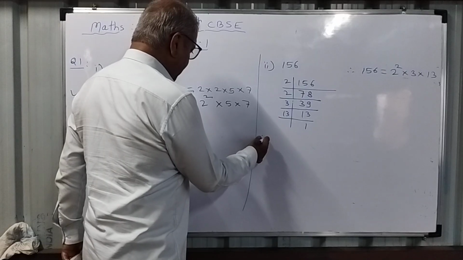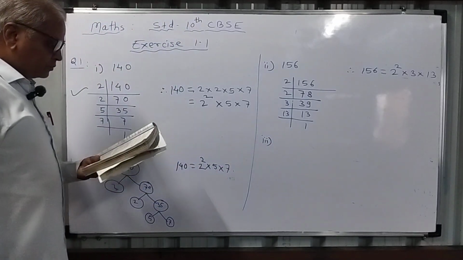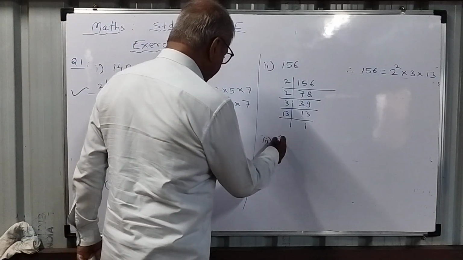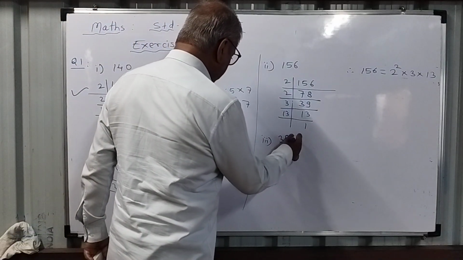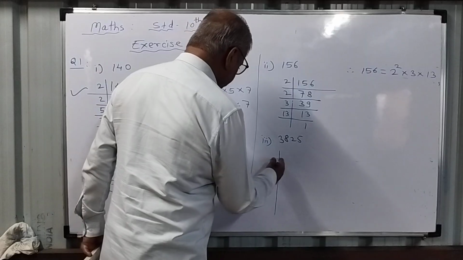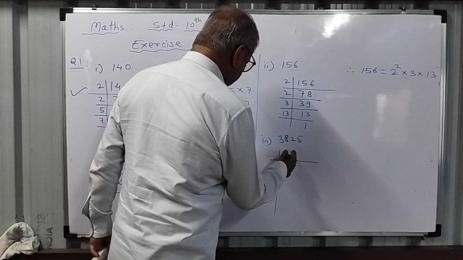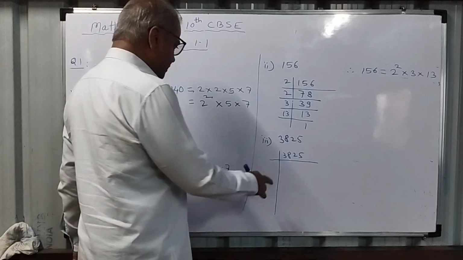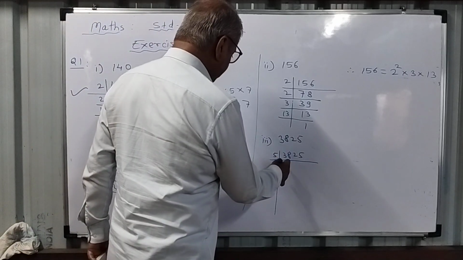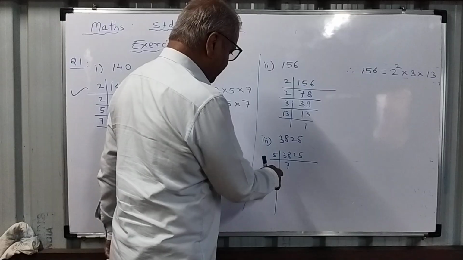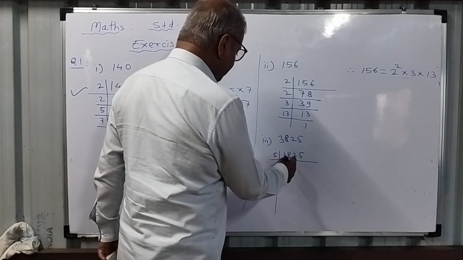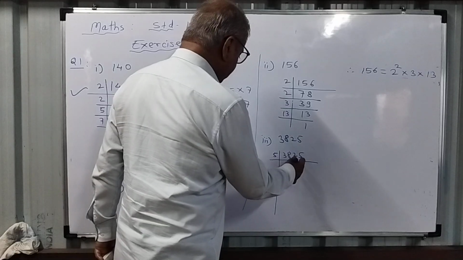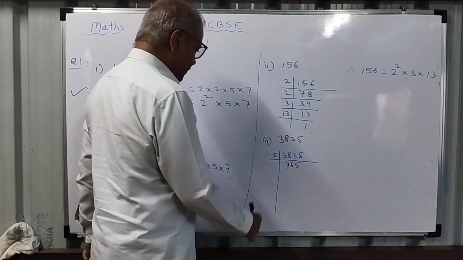Example number 3, 3825. 3825 is definitely divisible by 5. So 5 7s are 35, 5 6s are 30, 5 5s are 25.